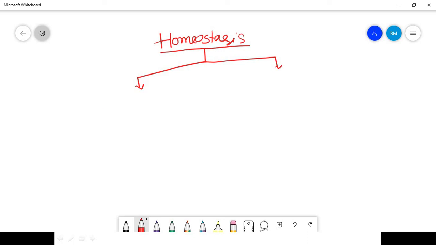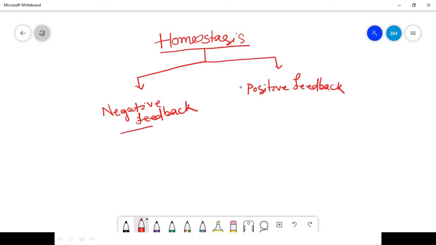One is negative feedback, and the second one is positive feedback. Negative feedback and positive feedback.